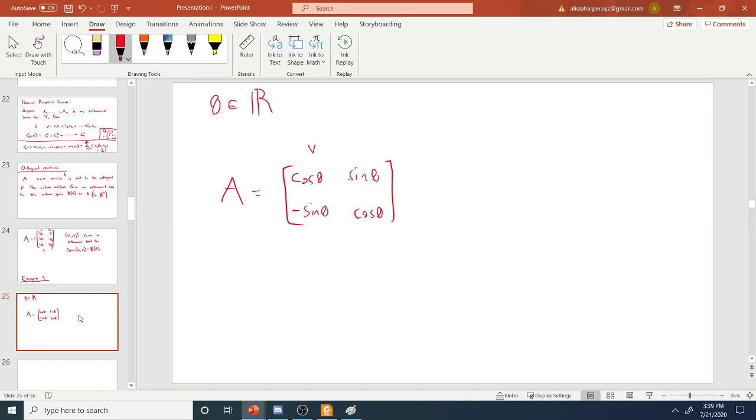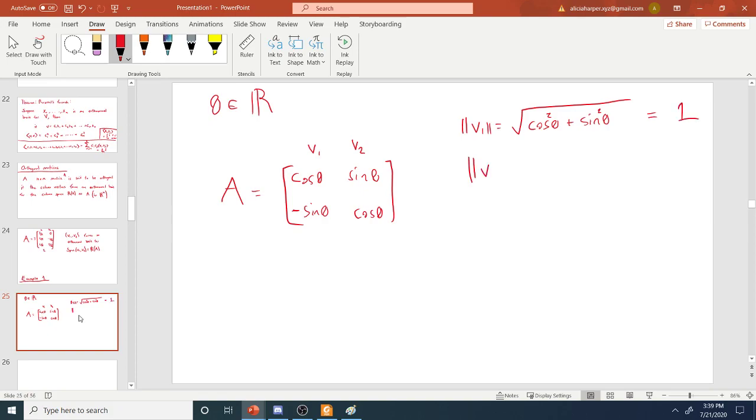Then this will be our first column vector, this will be our second one. And we can check that the norm of v1 is equal to the square root of cosine of theta squared plus sine of theta squared, which of course is just equal to 1.